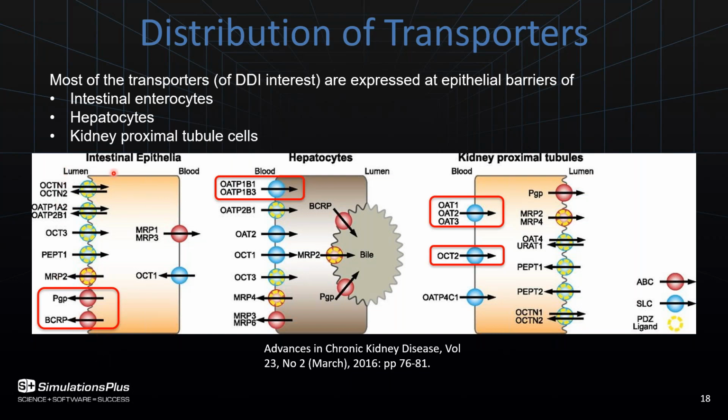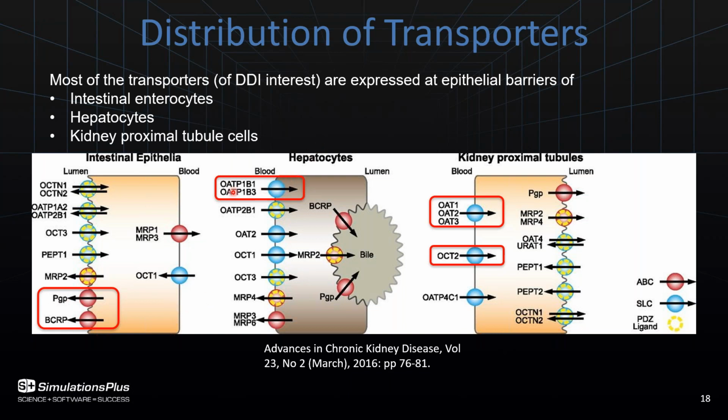First we start in the intestinal epithelial. We have the lumen on this side and then the blood here. A compound that is a PGP or BCRP substrate would be effluxed back into the lumen. And if you inhibit this, you would allow the compound to go through here.